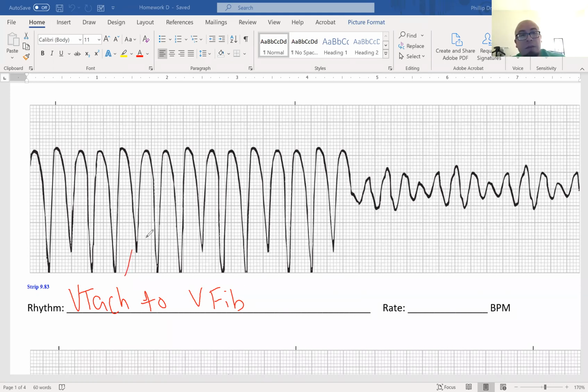I have VTach, and then I have VFib. Two rhythms, two rates. You find your ventricular tachycardia rate, and we're going to call it, I don't know, about 230 maybe, 230 VTach, and VFib 0 or NA.